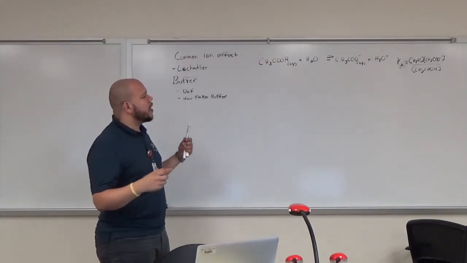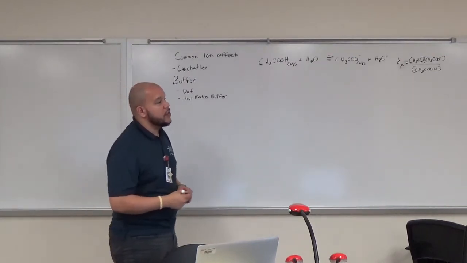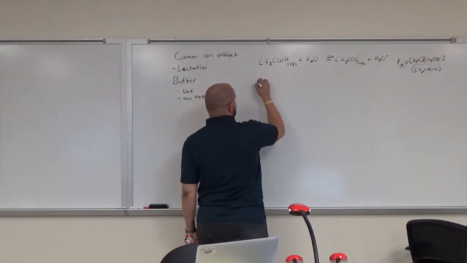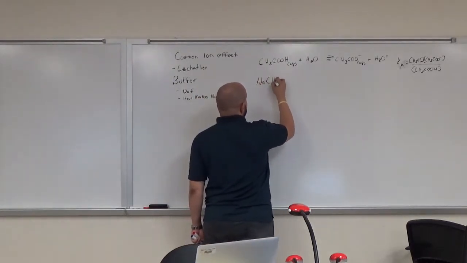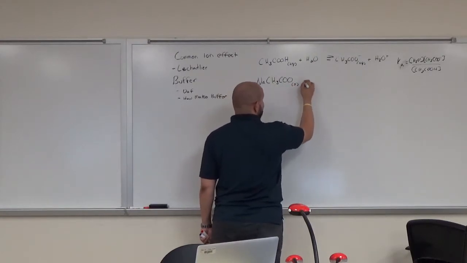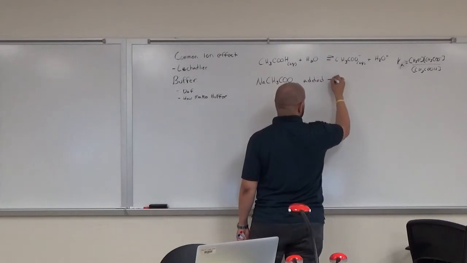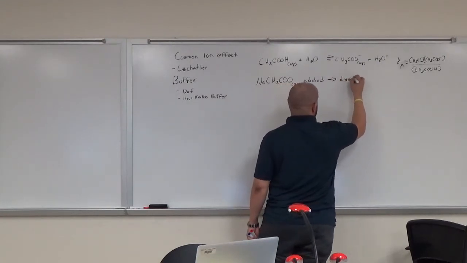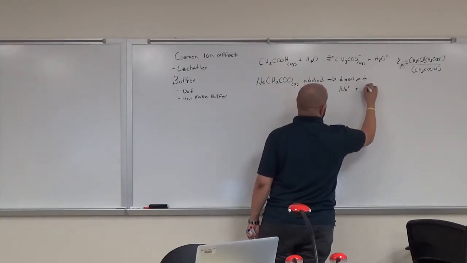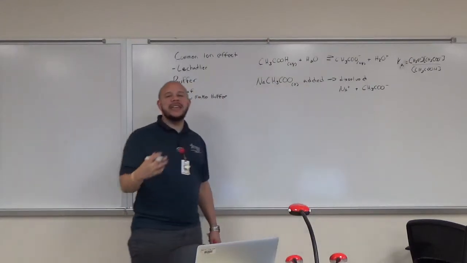So, in one instance, what they are talking about in the PowerPoint is that if we added acetate, let's say we added sodium acetate, which would be a solid, and it dissolved to form sodium ion in solution and acetate ion in solution. What have we done?